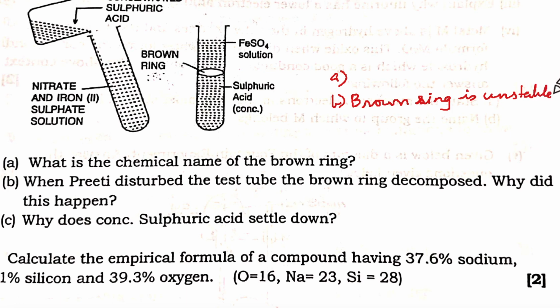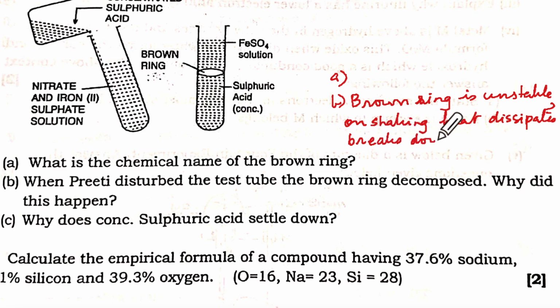Okay, it is unstable, and on disturbing or shaking, what happens? The heat dissipated breaks down the brown ring, and the whole solution becomes brown.